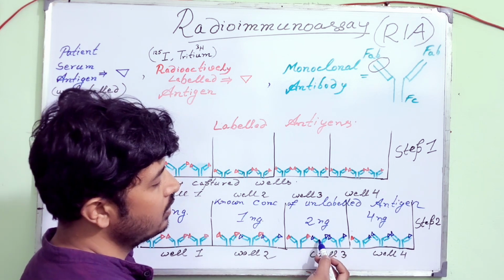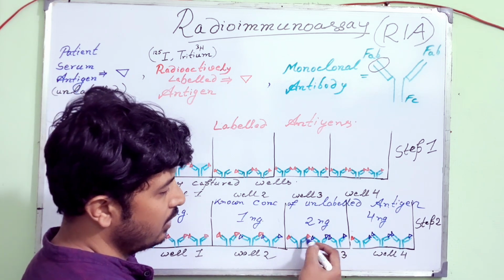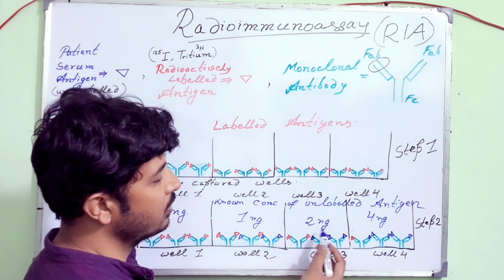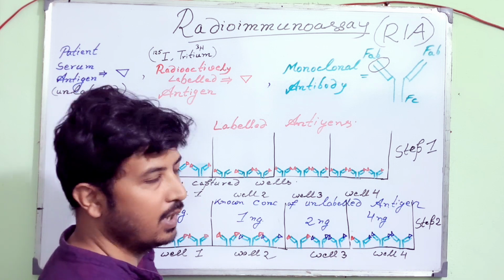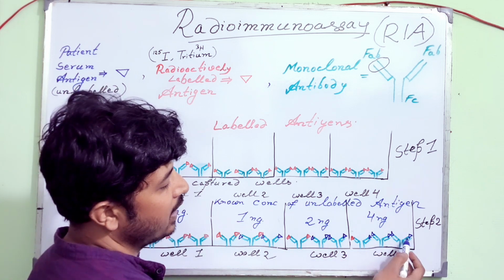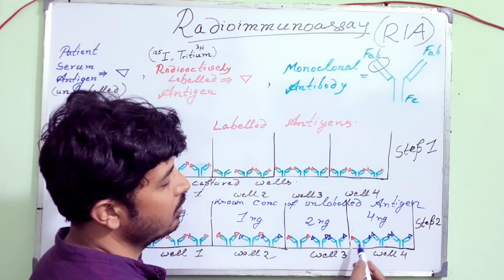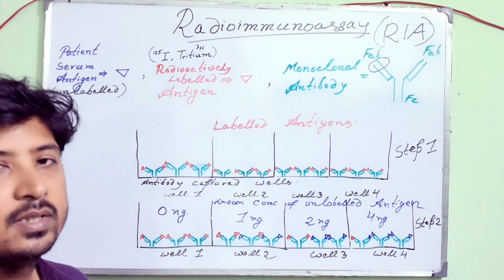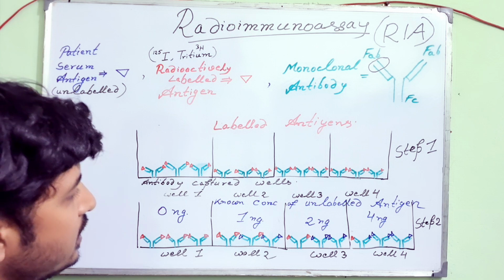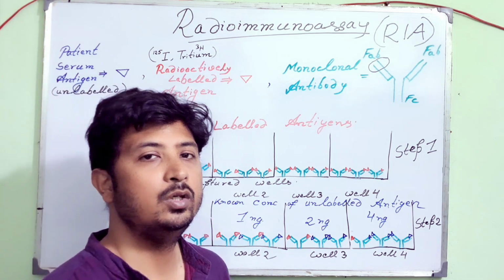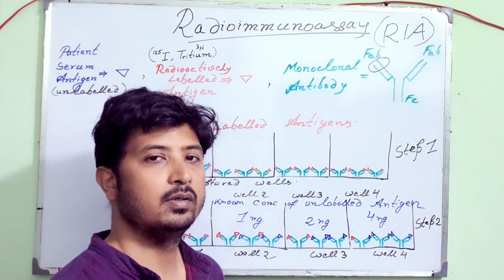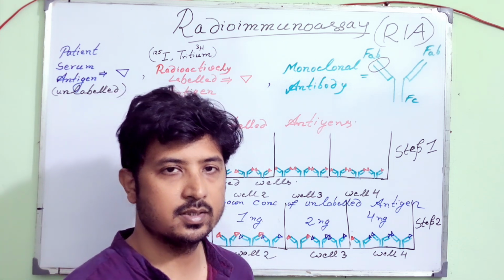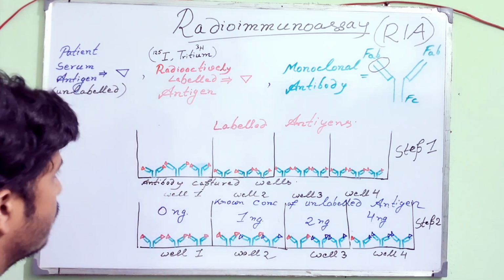Here 4 are bound, and 4 left the place; radio-labeled and 4 unlabeled antigens bound to the antibody. Here 5 of the unlabeled antigens bound to the antibody, only 1 left with 4 nanogram concentration of unlabeled antigens. So this is the standard curve you have to prepare to know the concentration of the antigens.